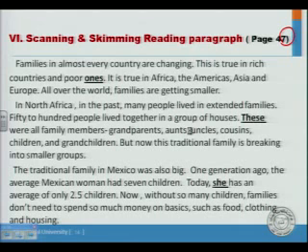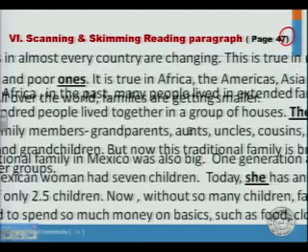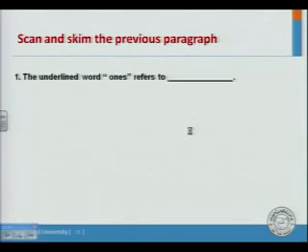When you take the hard copy of this lecture, there is no need to read it again and again, to save time. You see some underlined words like "ones" and "these." Let's move to the questions.